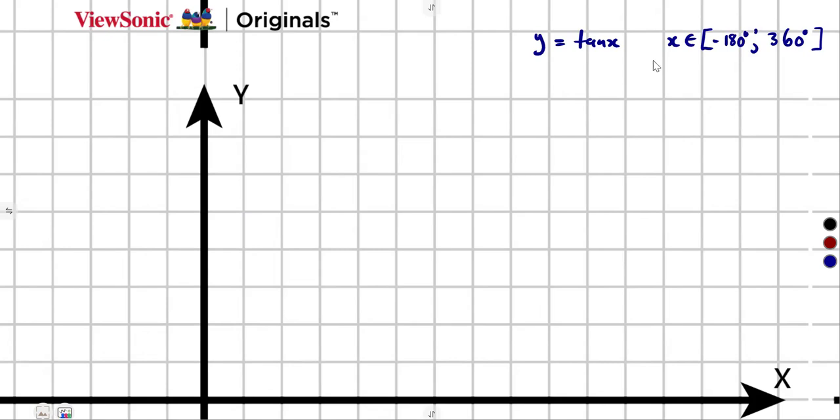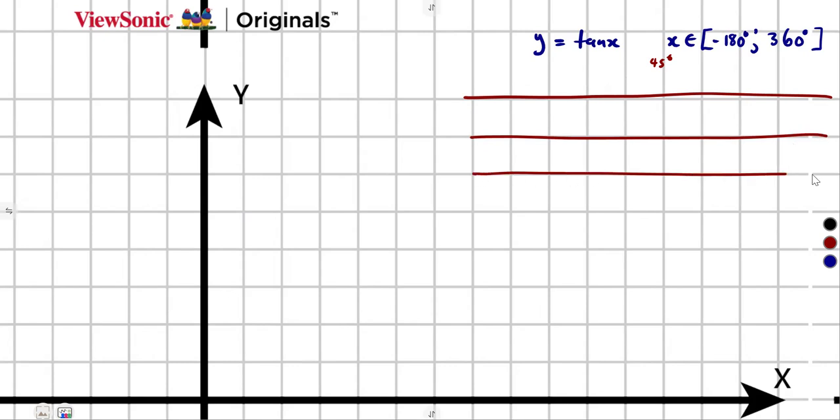With the spacing of 45 degrees, this is what we are going to have. So this is our x and the y values.